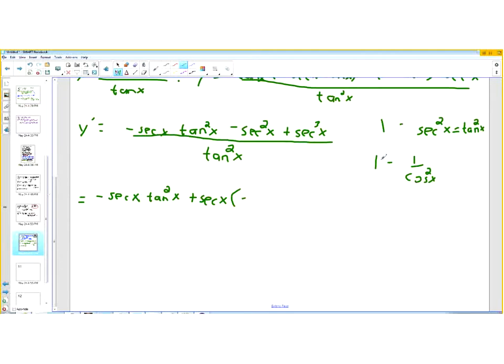Okay, so this would be cosine squared, sine squared. Yeah, I think this is the identity. So I don't think we'll be able to use this trig identity to simplify this function any further. I'm not seeing it. Secant squared times 1 plus secant x. No. So I think that's as far as we can go with this.